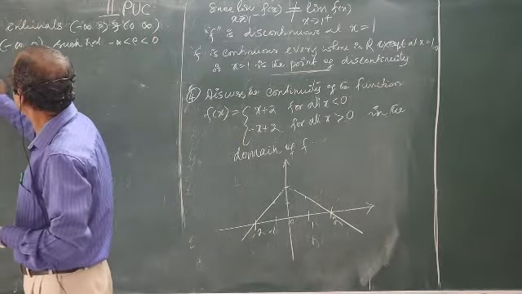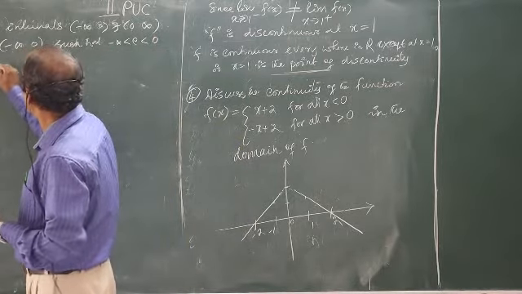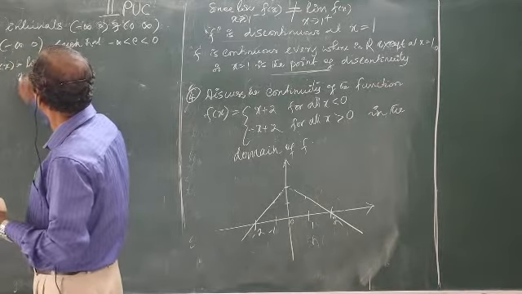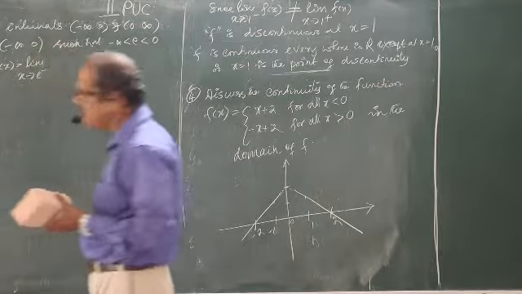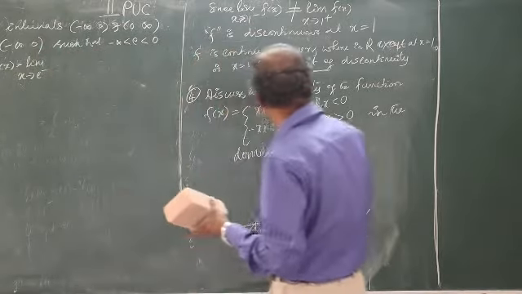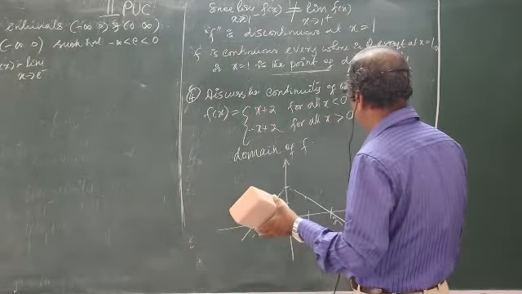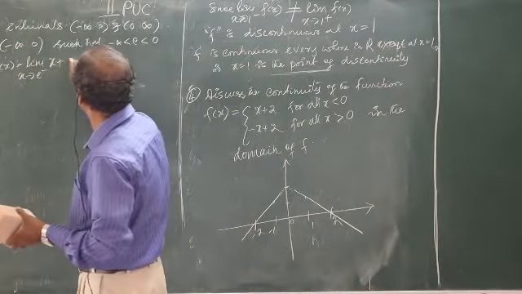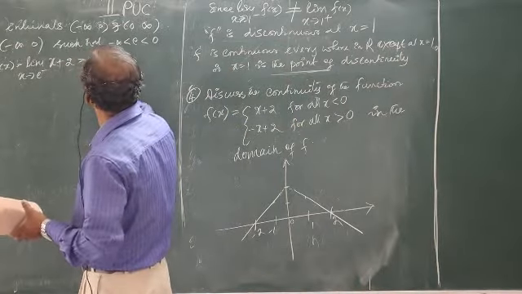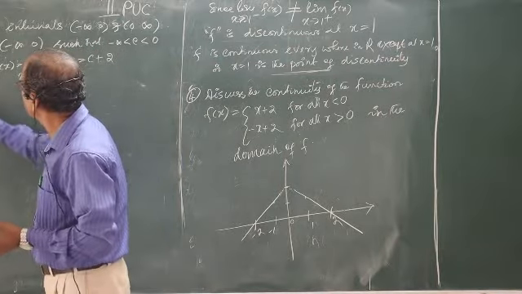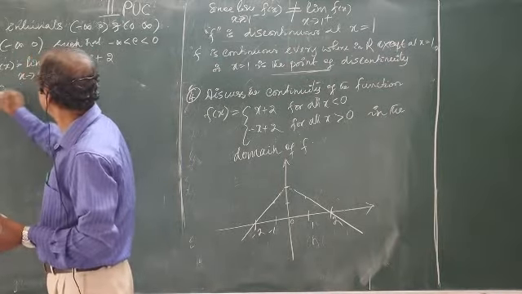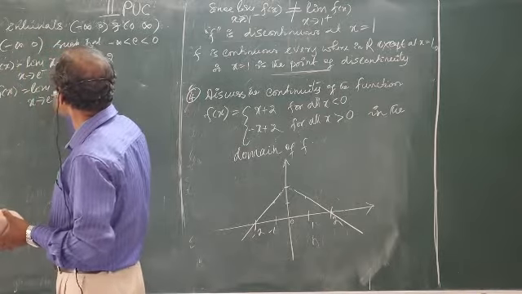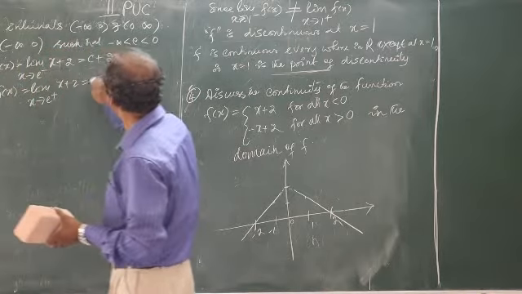Limit x tending to c minus f of x equals limit x tending to c minus of x plus 2, which is c plus 2. The right hand side limit is also the same: limit x tending to c plus f of x equals limit x tending to c plus of x plus 2, c plus 2.